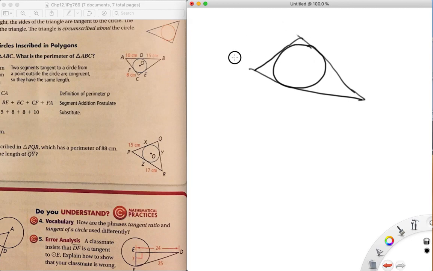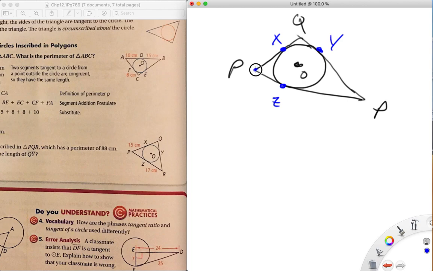So the circle O is inscribed inside triangle PQR. We have points of tangency at point Z, point X, and point Y.